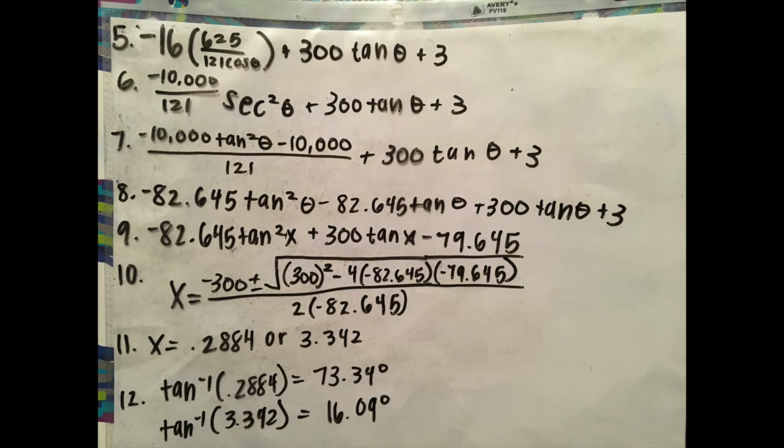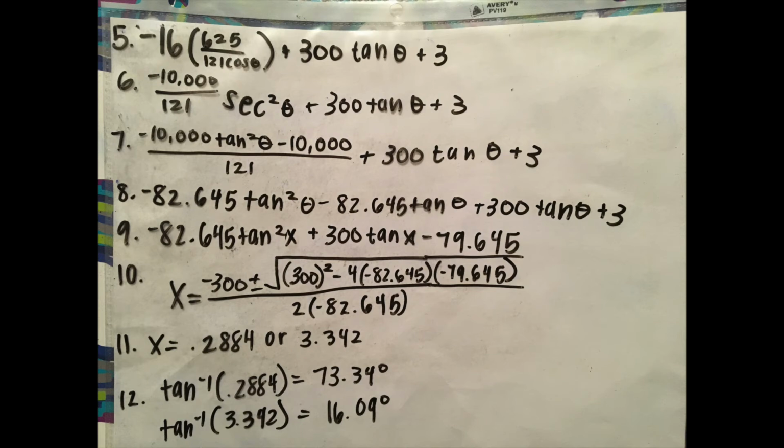I was also able to simplify the sine and cosine in the second part to get tangent of theta. Then in step 6, I knew that since there was a cosine in the denominator, that was going to be the same thing as secant squared. I also distributed that negative 16, so I got negative 10,000 over 121 secant squared theta plus 300 tangent theta plus 3.